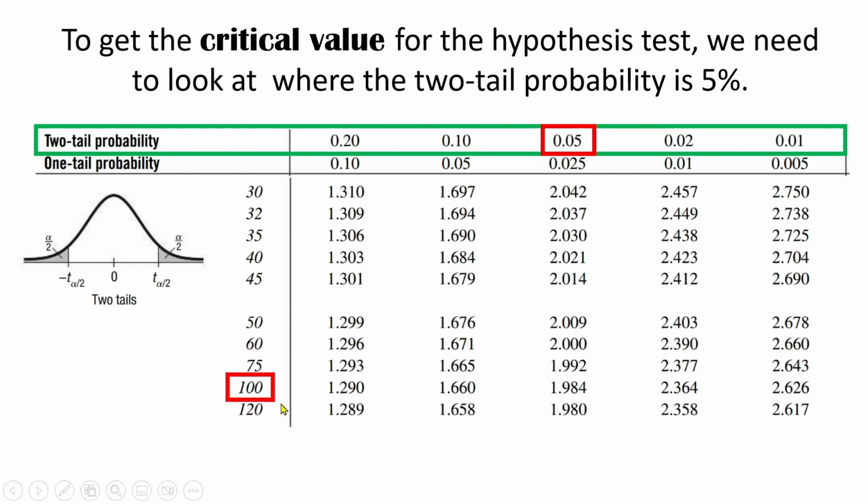So the true degrees of freedom, again, is 117. And we need to select from the table a value that is as close to 117 as possible without being larger than 117. And so that has to be the 100. And so looking at the table, we can see that our critical value is 1.984.